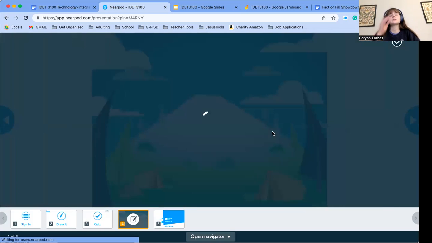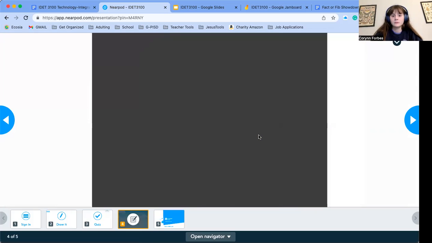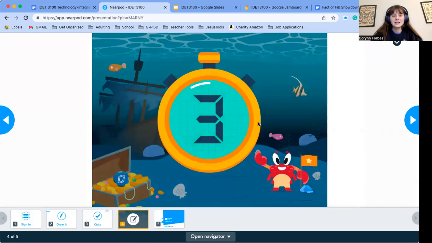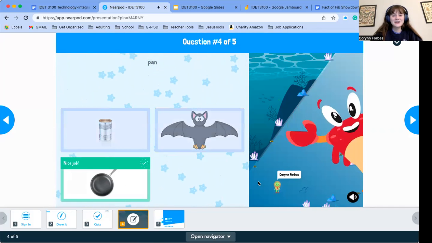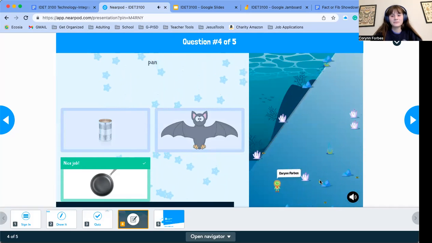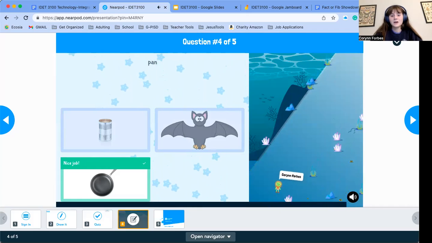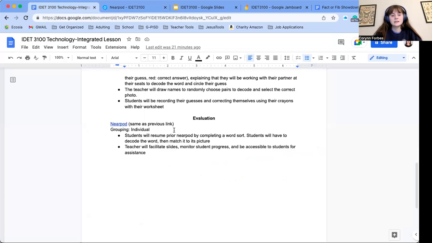I feel like it depends on the kindergarten class, but I feel like a minute should be enough time to do that. So they read the word, and then they would have to select the correct photo. So they select it, and then they would move on up. So that would complete the assessment.